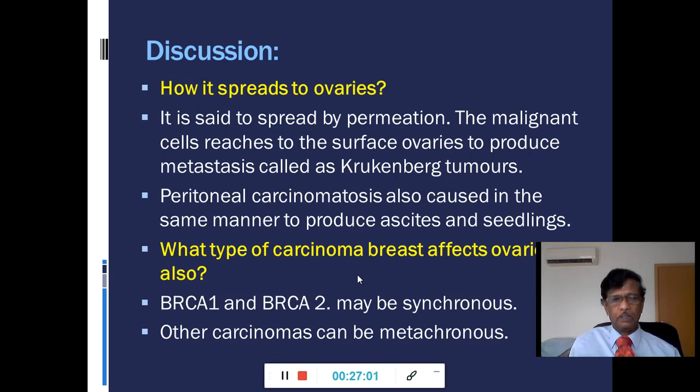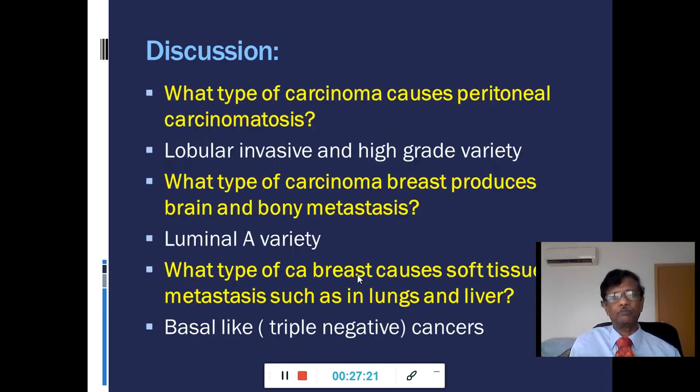BRCA1. Yes, in BRCA1 and also BRCA2, they may be synchronous, that means simultaneously present, or sometimes need not be. But in other carcinomas, they can be due to metastasis, so they can be metachronous, that means after 6 months of the first breast carcinoma developing.